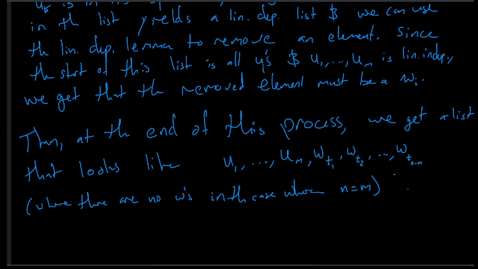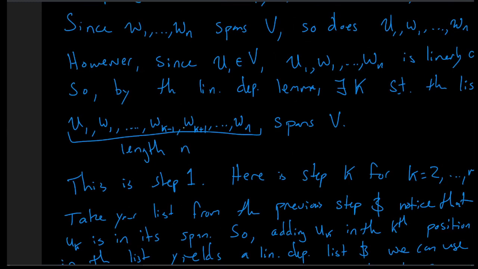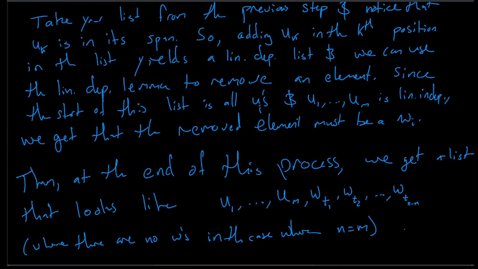Okay, so in this case, look, I've gotten rid of a bunch of stuff. Every time I added a u, I got rid of one of the w's, right? Here I could get rid of some w. I could get rid of wk, right? Now every time I did this, since I was just appending u's in the beginning, and the u's form a linearly independent list, the linear dependence lemma lets us remove something, but we know it's not one of those u's since they can't be in the span of the previous elements in the list by linear independence.